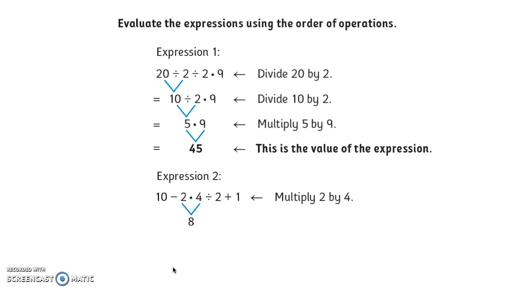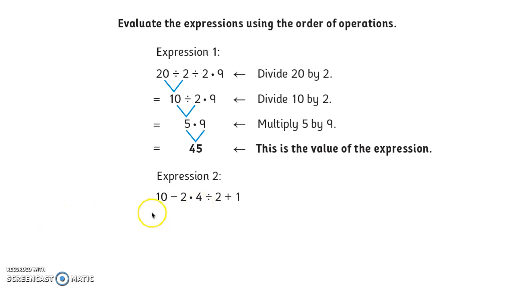Expression 2. So we have 10, and we subtract 2, we multiply 4, we divide by 2, and we add 1. So we start out this whole long expression. Please excuse my dear Aunt Sally: parentheses, exponent, multiply, divide, addition, subtraction. So we are going to multiply first, because multiplication and division comes first.